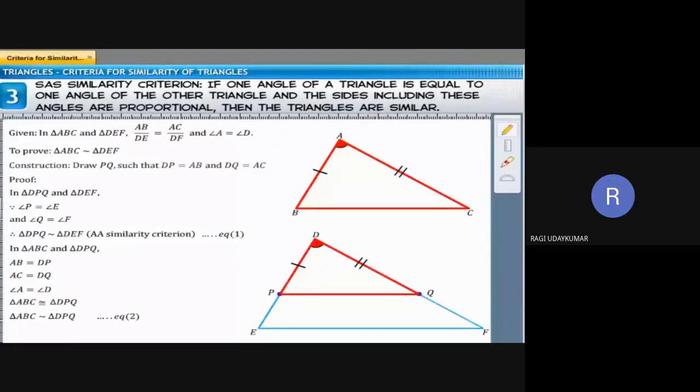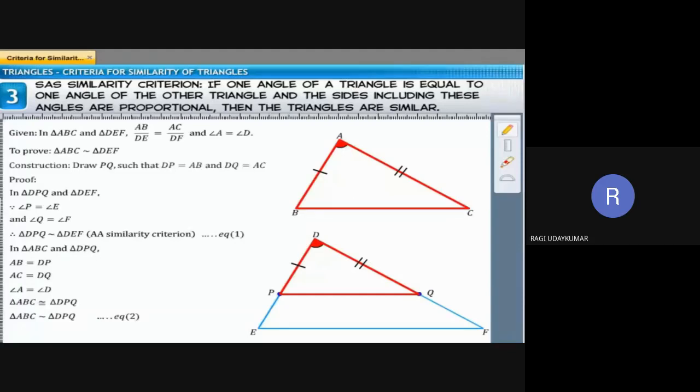Because angle A equal to angle D, AB is equal to DP, which we have taken, and AC is equal to DQ, which we have taken. So from this you are going to get triangle ABC is congruent to triangle DPQ. From that, angle B is equal to angle P, and angle C is equal to angle Q.